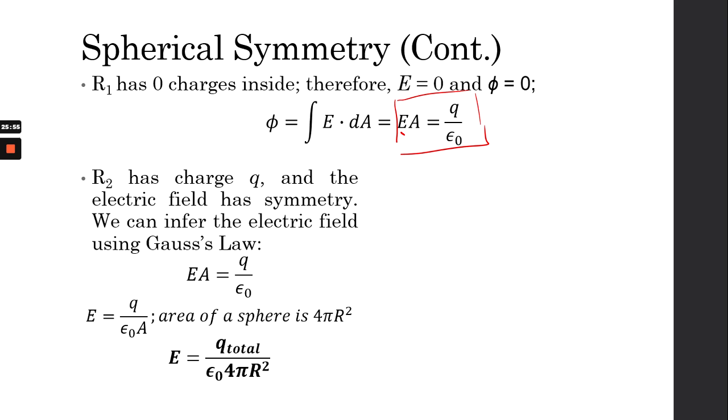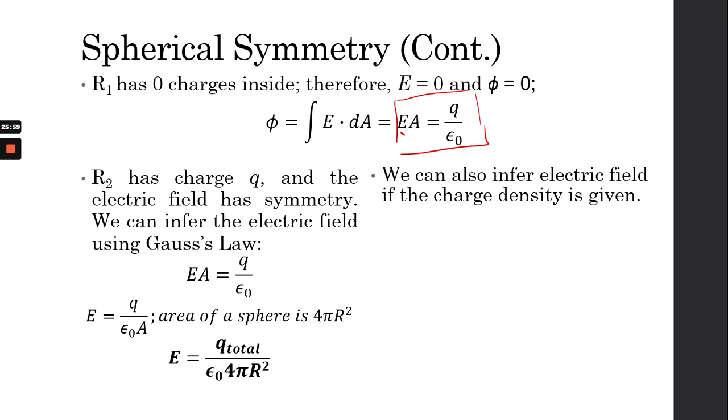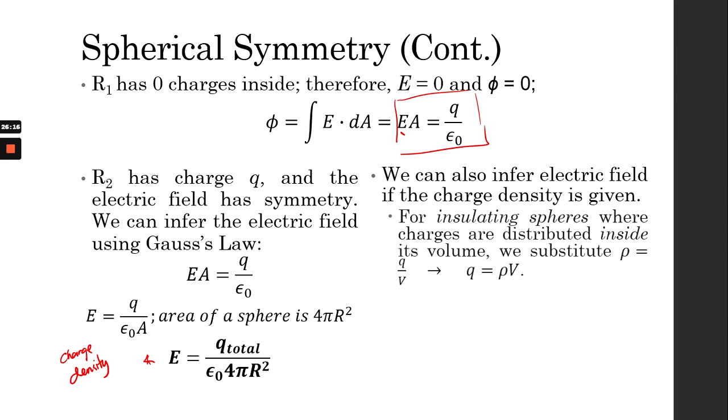There is another equation that we can use, but this time in a situation wherein you are given your charge density. So you use this one when you don't know your charge density. But if you were given the charge density, you have to use this equation right here.